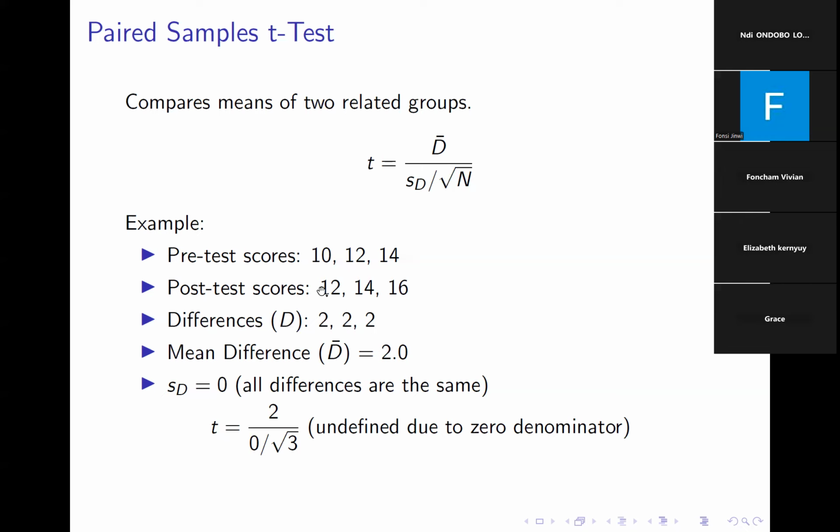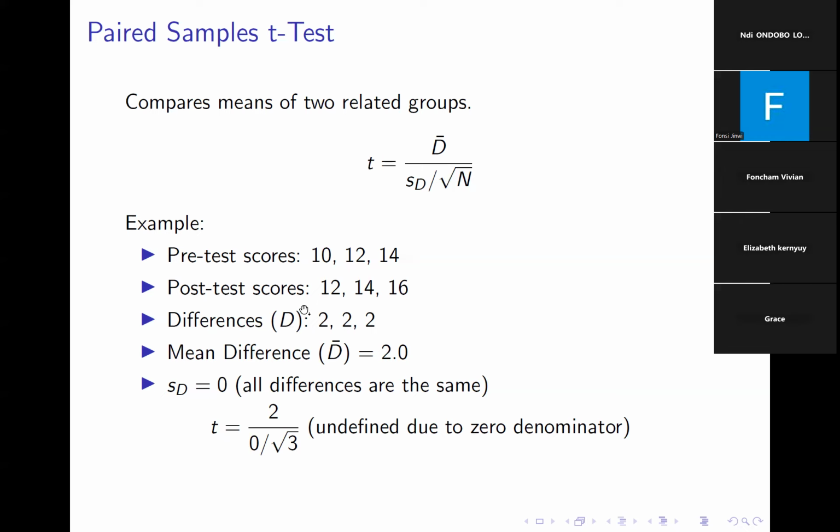If it was twins, you take the difference between one twin in one group and the other. If it was medication, you take the difference between the same person who had a certain treatment in the first and the second.